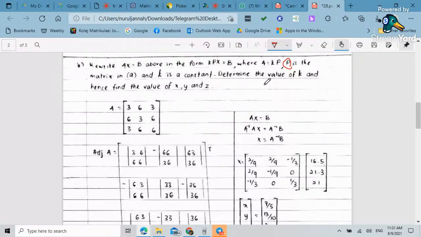It's actually you need to write K. What is your matrix? 3, 6, 3, 6, 3, 6, 3, 6, 6.